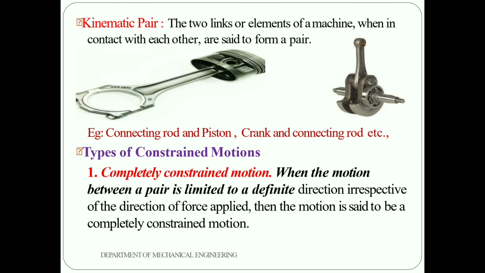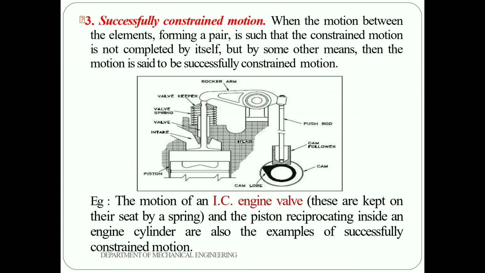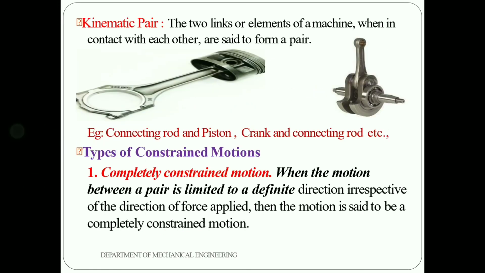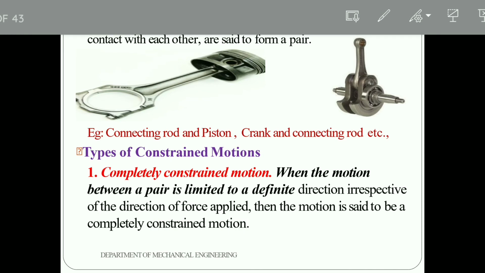Types of constrained motion. It is classified into three types. First one is completely constrained motion.